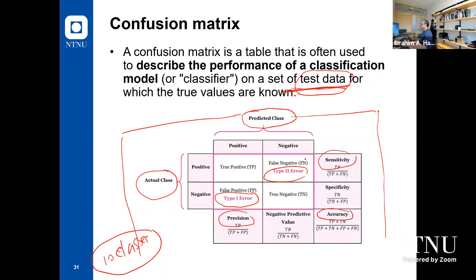Because it's positive, but we misclassify it as negative. So we call it false negative. We have some negative cases. Those negative cases, when correctly classified, we call true negative. When some of them are misclassified as positive, we call it false positive.